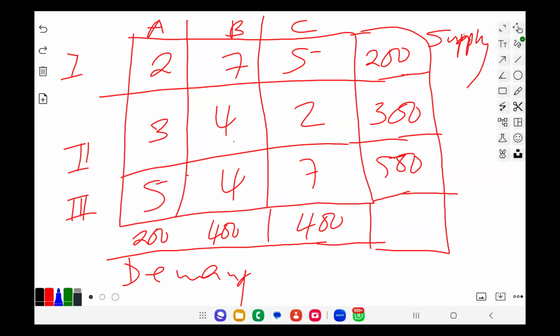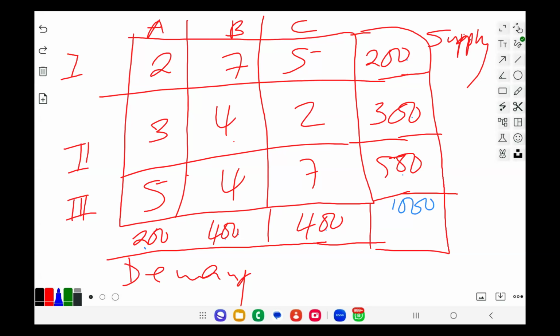So that's the first type of transportation problem. Add supply: 200 plus 300 plus 500 gives us 1,000 supply, right? Then when you add demand: 200 plus 400 plus 400 gives us 1,000. This is said to be a balanced problem. Is that clear?